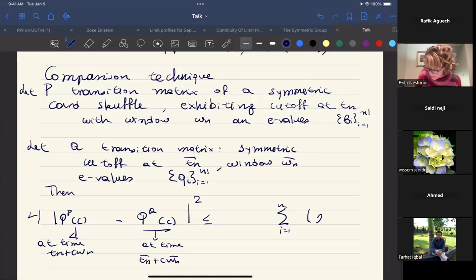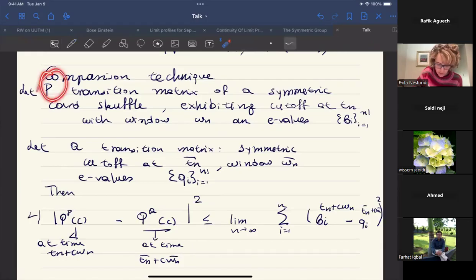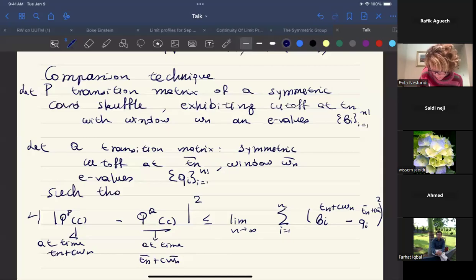We take the eigenvalue beta i to the cutoff time of the corresponding Markov chain, minus Qi to the corresponding cutoff time, squared. And then we send n to infinity. Now, there is a very important thing that I have forgotten to write. So I say we have two Markov chains with this type of spectrum. There needs to be a connection between the two, and the connection is that these matrices commute, such that P times Q is equal to Q times P. This is big.